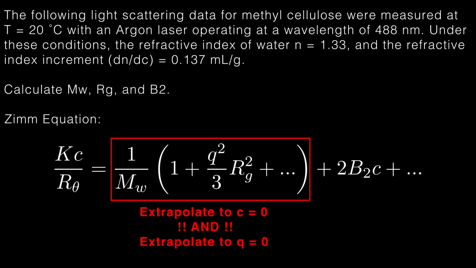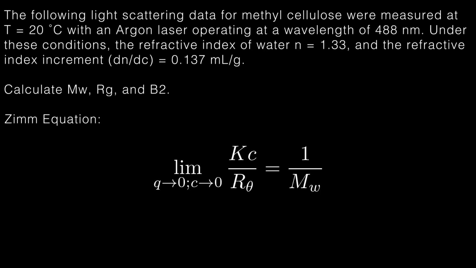So if we want to know the molecular weight, we have to extrapolate the measurements to the case where the concentration is equal to 0, so that the second virial coefficient terms disappear. We also have to extrapolate to Q equals 0, so that we have no angular effects and the radius of gyration does not appear. That will give us just the molar mass.